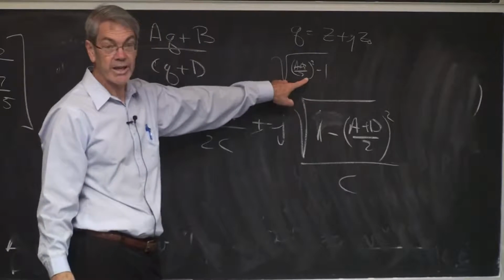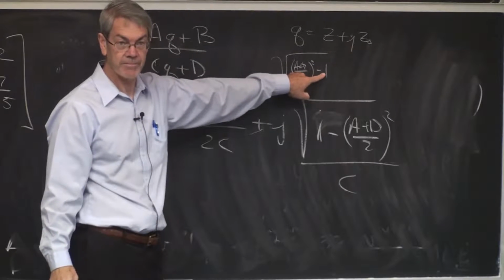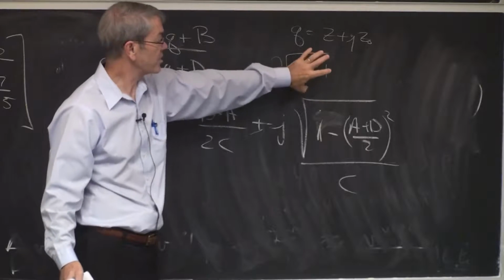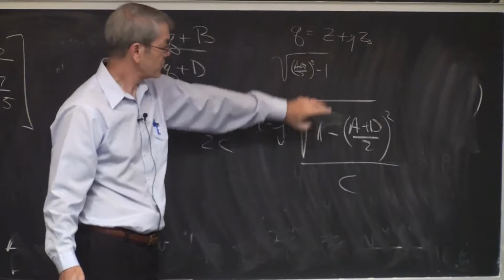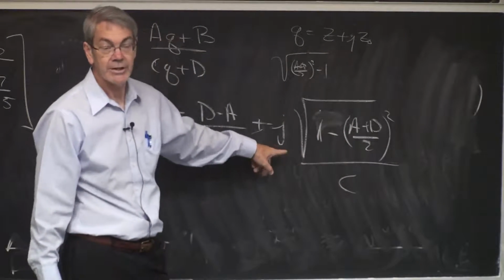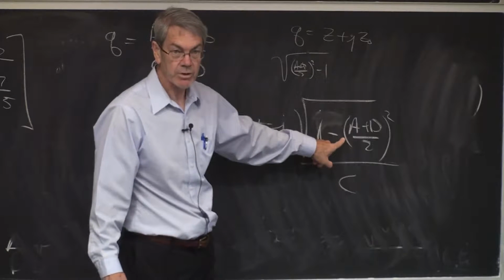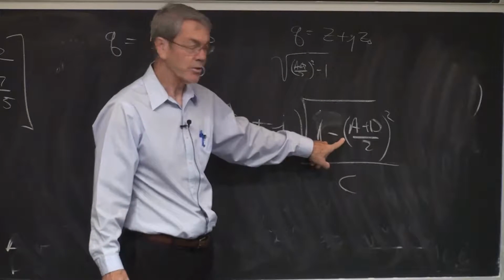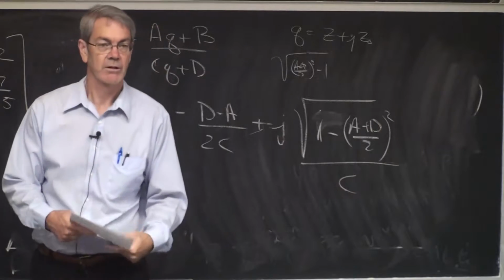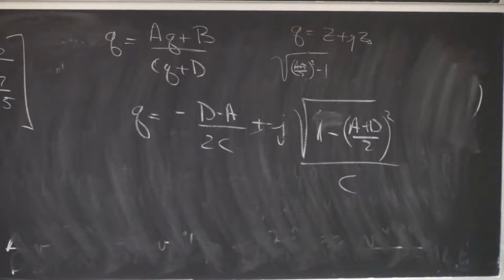But we know for a stable cavity, A plus D over 2 has to be less than 1, so this is going to be imaginary. So I flip it so it's not imaginary and put the imaginary term in front as J. Now my calculator doesn't puke when I compute this. Now with Mathematica it's not a problem, but my calculator used to barf. It wouldn't take a square root of a negative number.